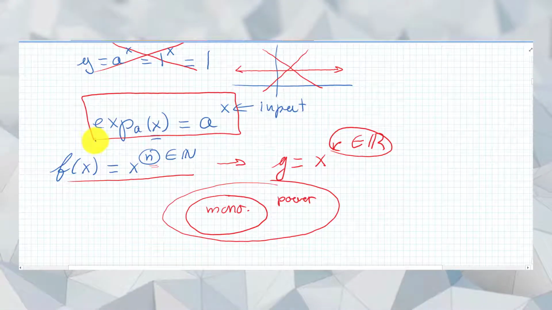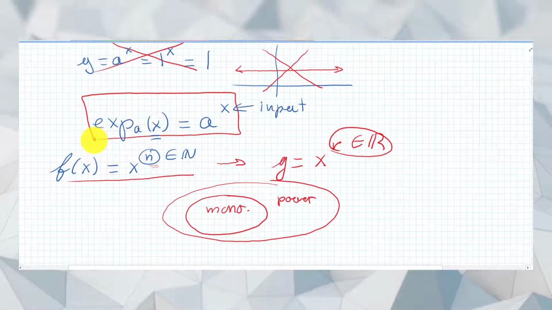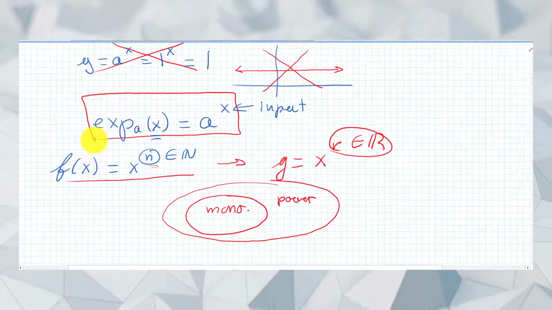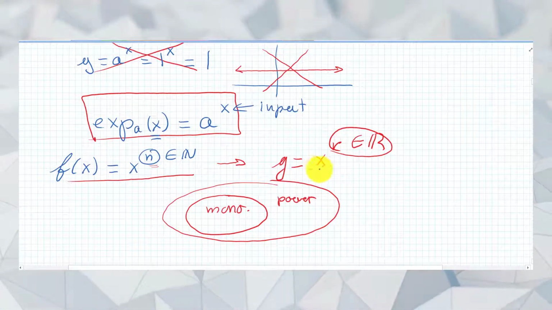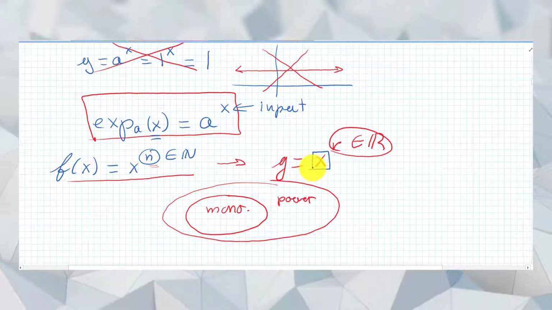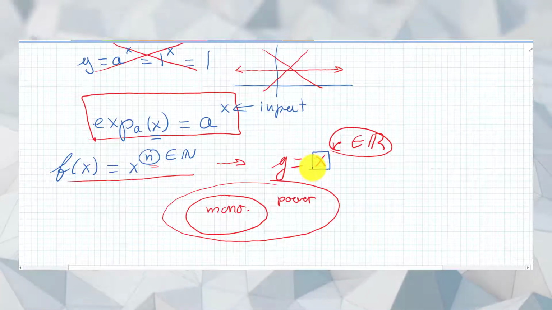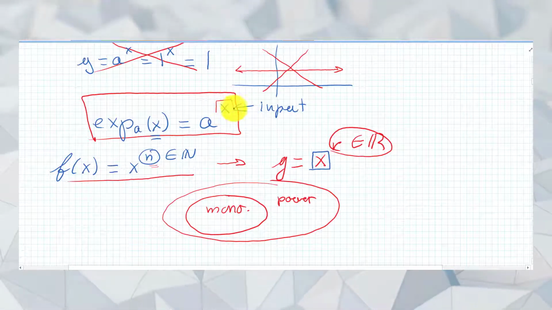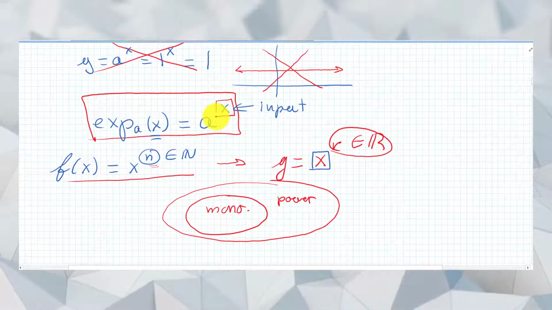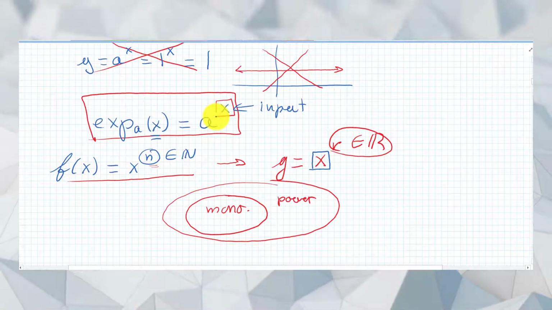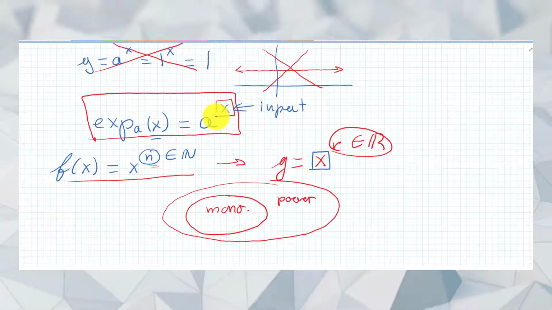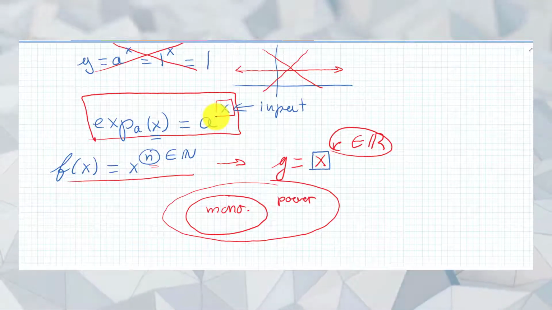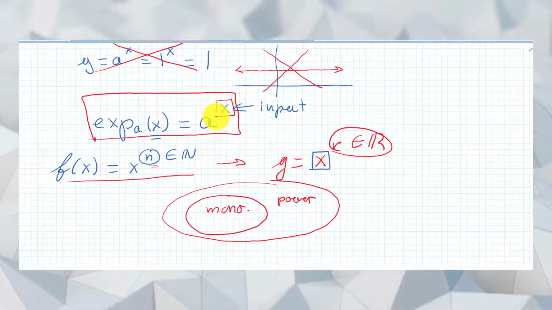These two families have nothing to do with each other, because in a power function, the input is at the base of the exponential notation, while in an exponential function, the input is at the exponent in the exponential notation. Very different. To make sure we can differentiate between these two families of functions, let's go over the first series of examples.